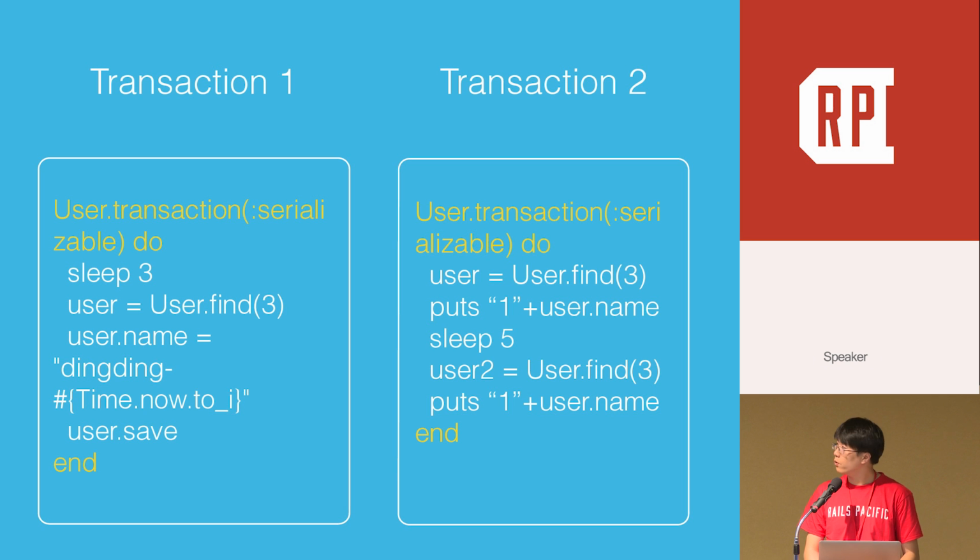So no matter whether transaction 1 runs first or transaction 2 runs first, it will always run only one transaction at a time and return a consistent value. But it will vary whether it is the old value or the new value, depending on which transaction runs first.